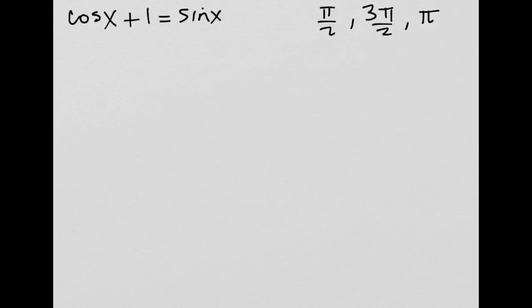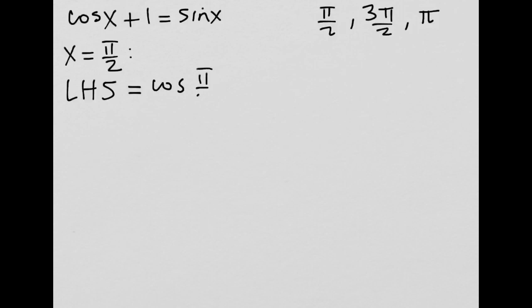Let's start out by checking x equals pi over 2. We plug in pi over 2 for x, and that gives us the following. The left-hand side of the equation, LHS stands for left-hand side, would be cosine pi over 2 plus 1, which is 0 plus 1, that's 1.